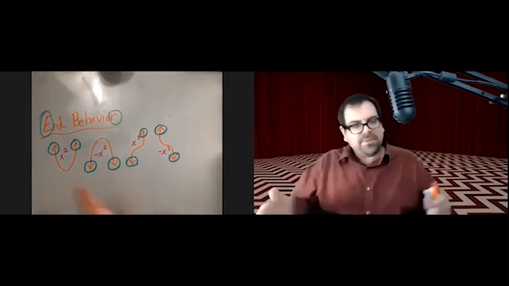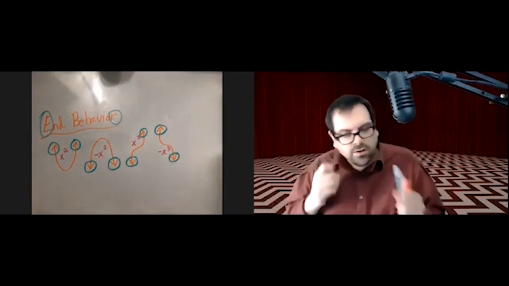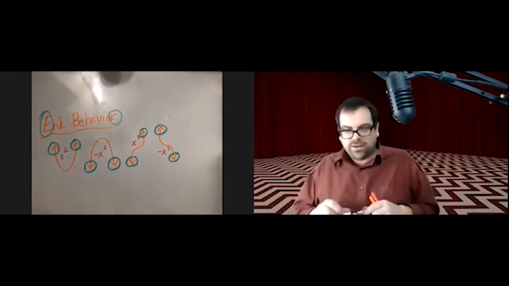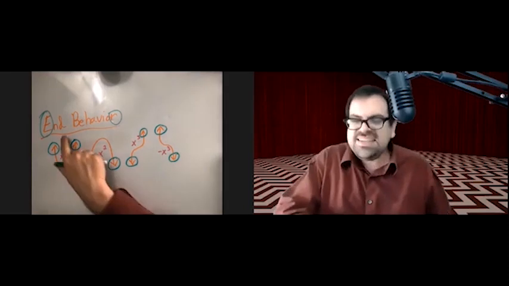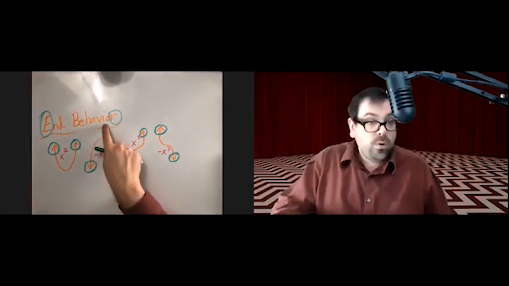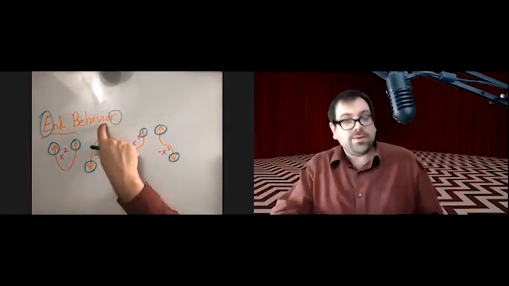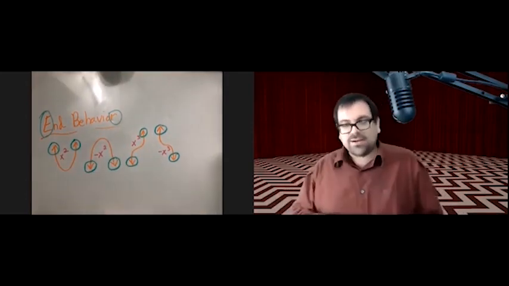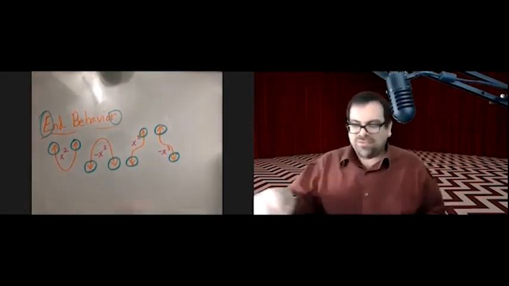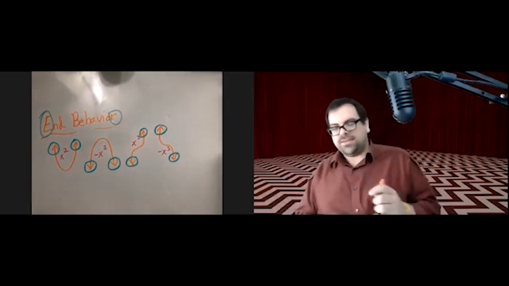We don't care what's happening between all the way on the left and all the way on the right. We don't care about middle behavior. We only care about the ends, all the way on the left and all the way on the right.